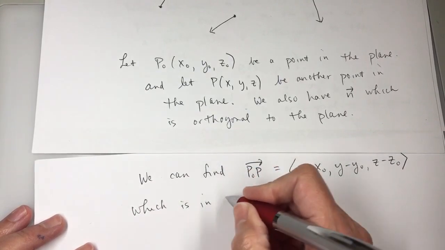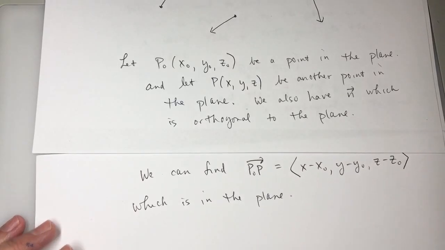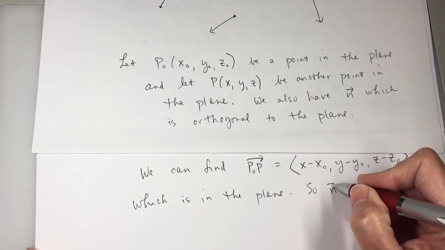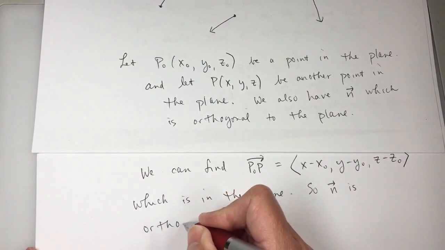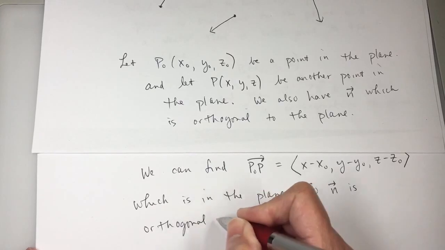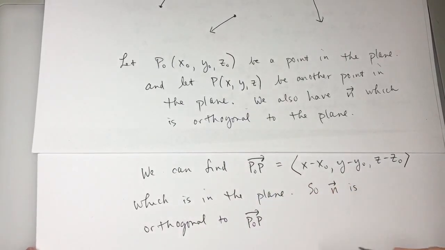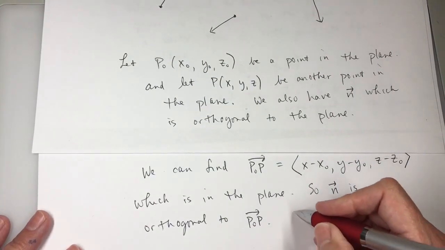So vector n, which is orthogonal to the plane, is orthogonal to that vector. So vector n is orthogonal to vector P sub 0 P. I didn't put what n is, I put it earlier.